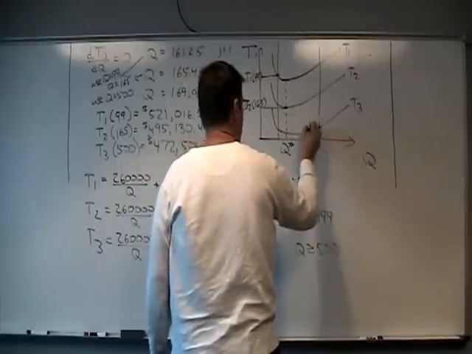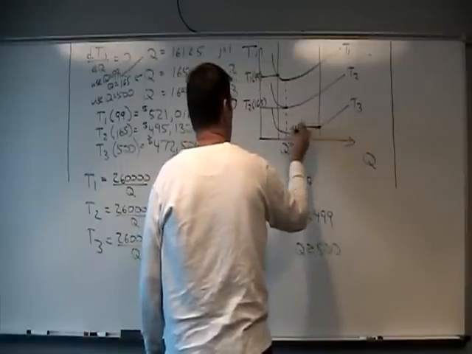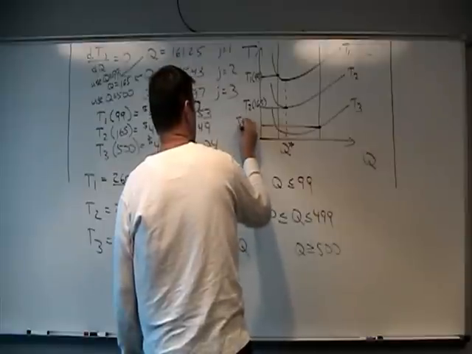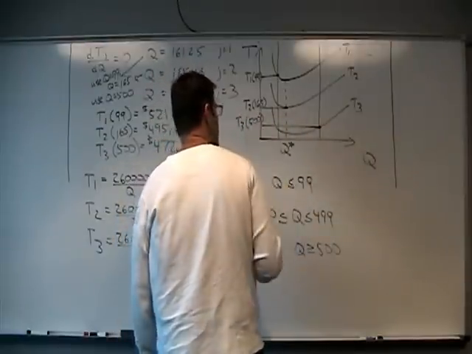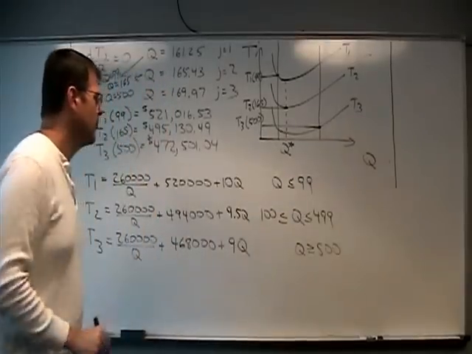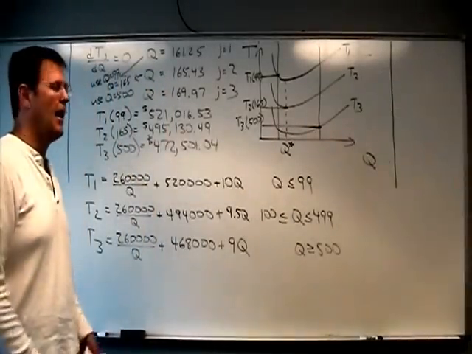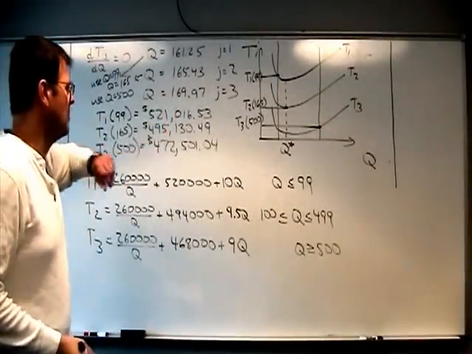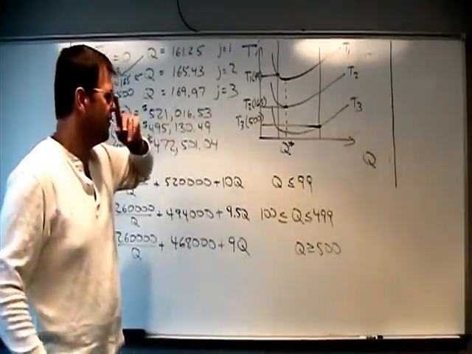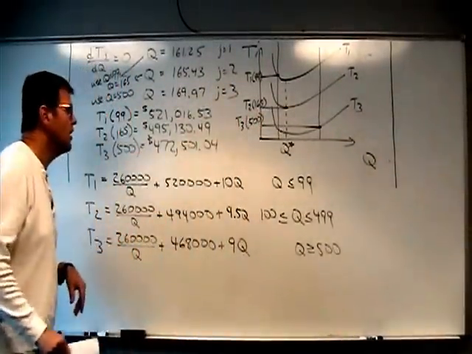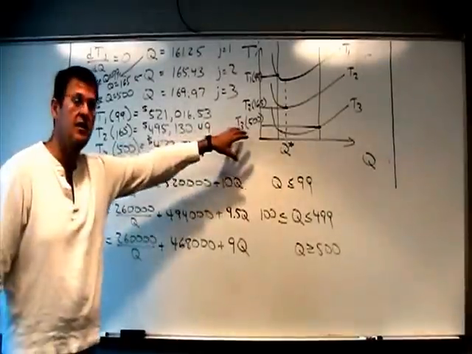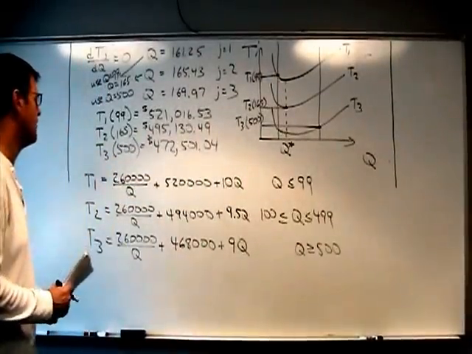And this right here is T3 of 500. Matching up with this diagram, you can see, although it's certainly not to scale, that the smallest of these three values occurs at T3 with an order size of 500.